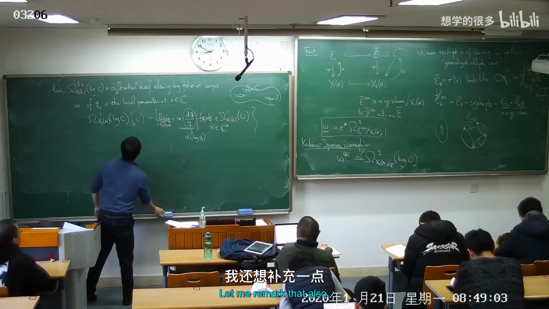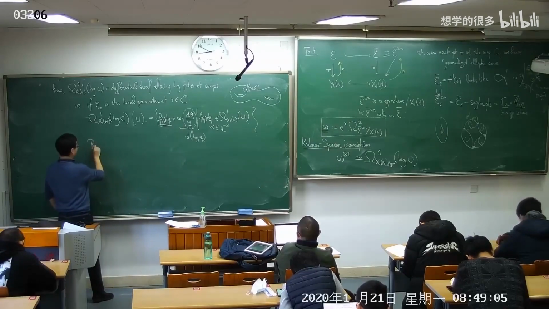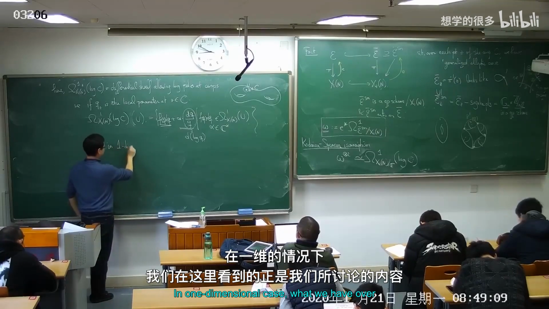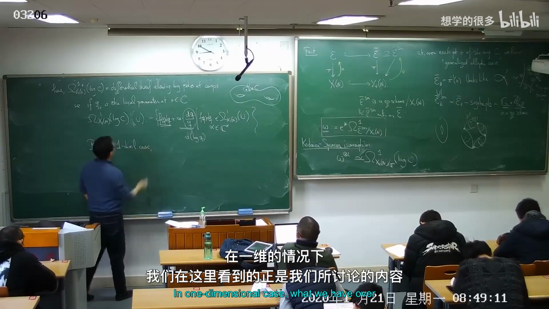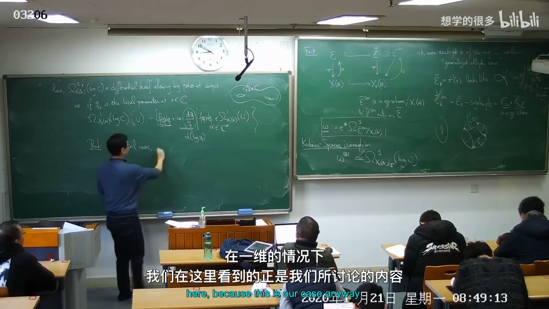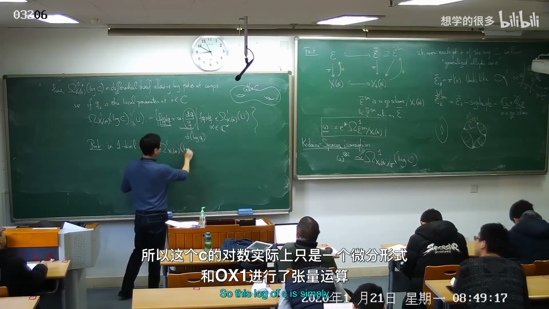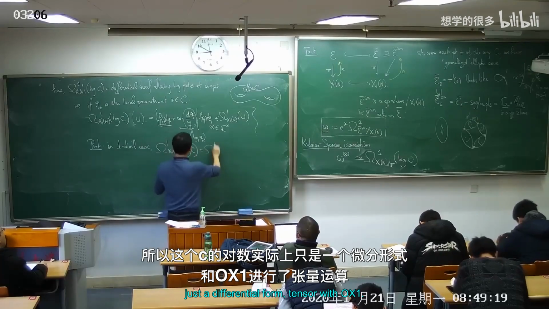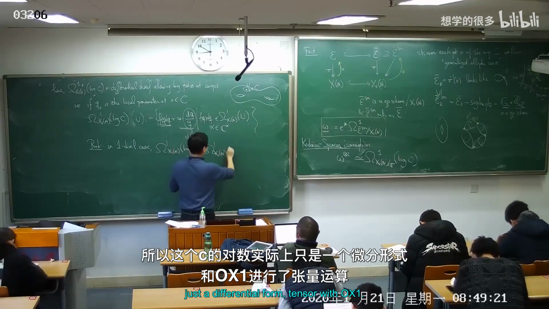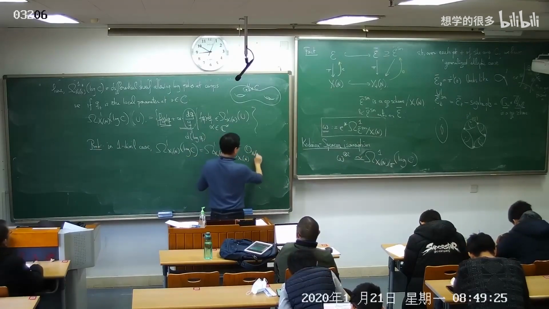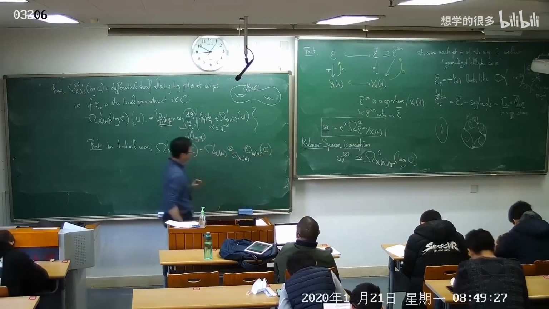Let me remark that also in the one-dimensional case, what we have over here, because this is our case anyway, this log of C is simply just the differential form tensor with O_X1.